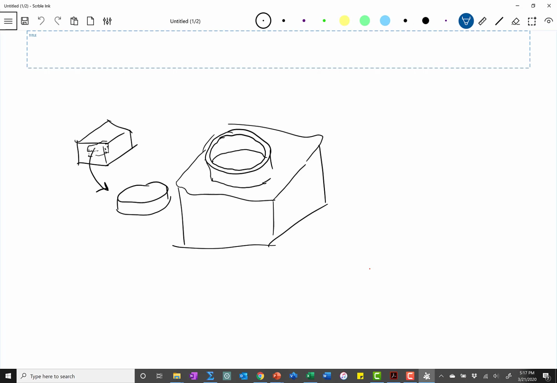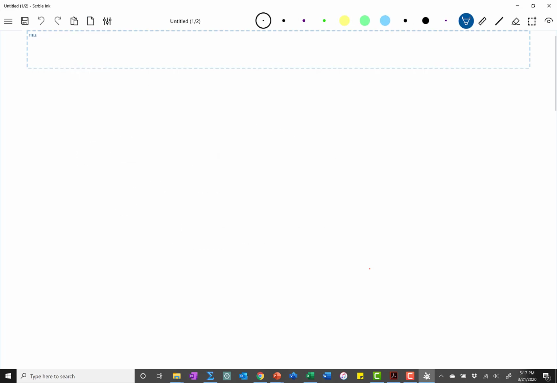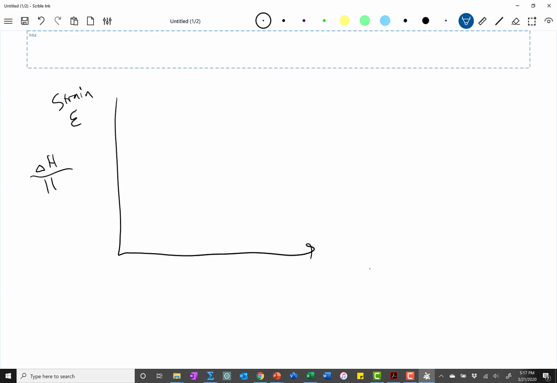Now, a lot of other professionals prefer, instead of plotting void ratio, to plot their consolidation curves in terms of strain. And strain, you'll recall, is just the change in height divided by the original height.